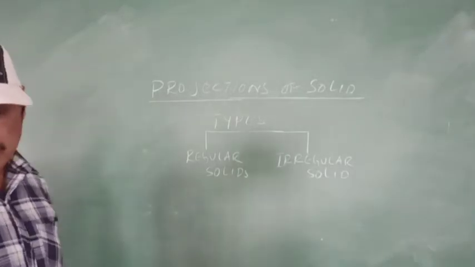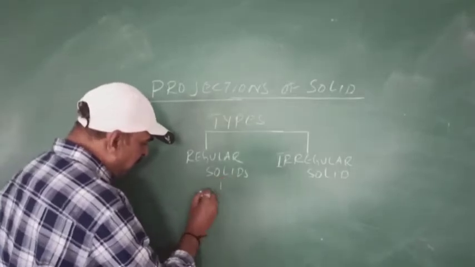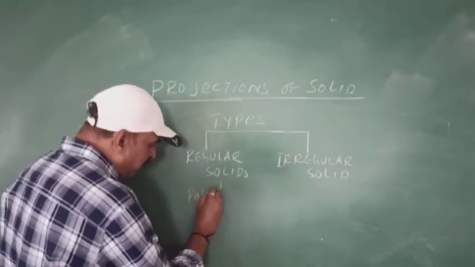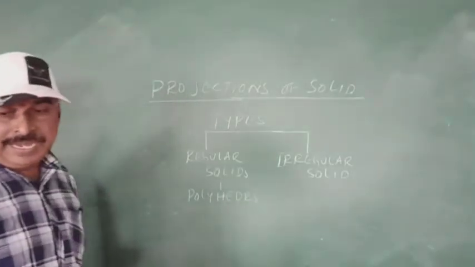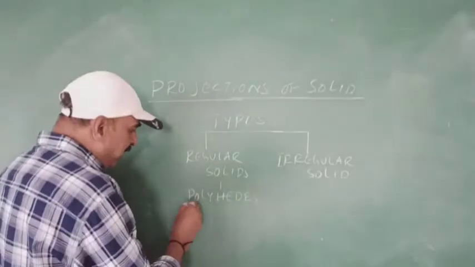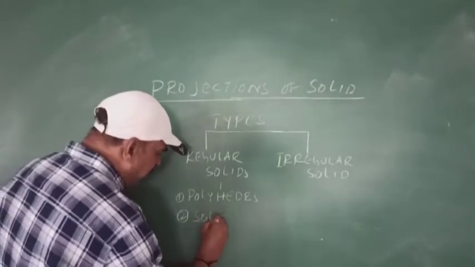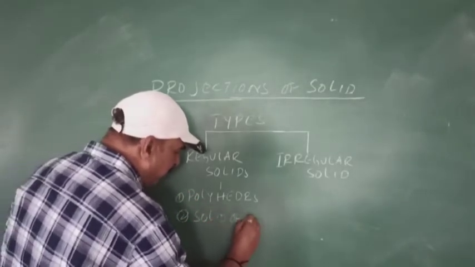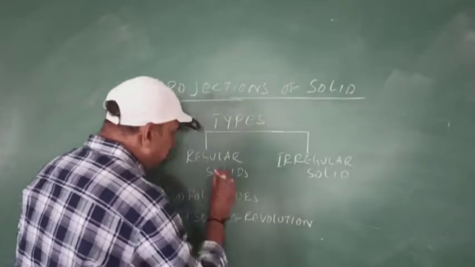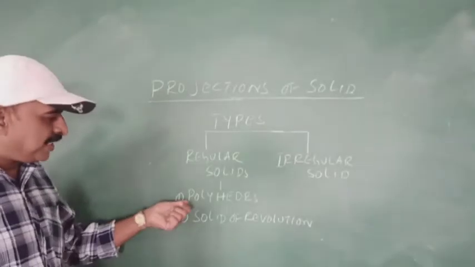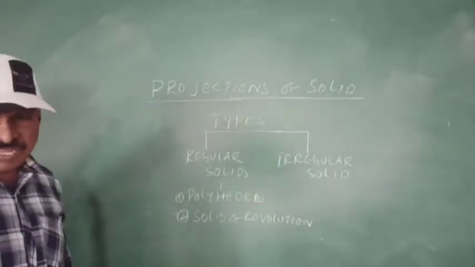Regular solids can be further divided as polyhedras, one classification, and another classification, solids of revolution.